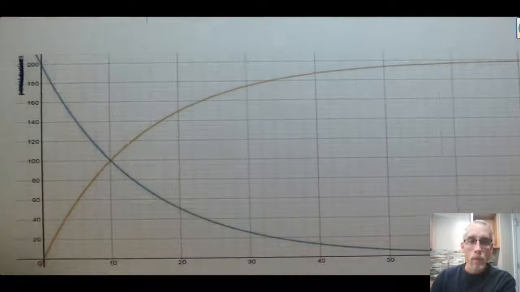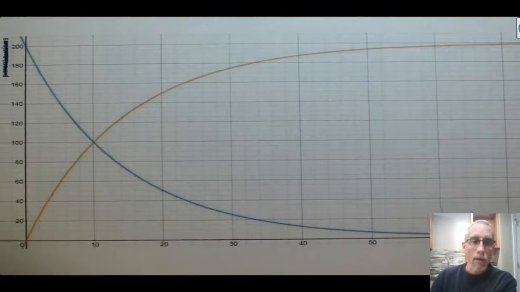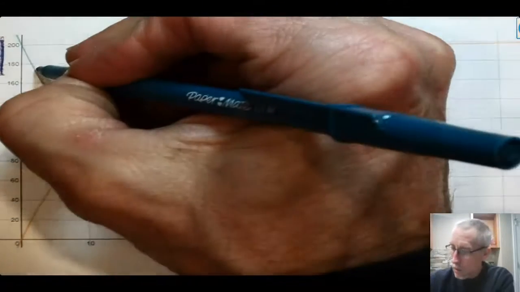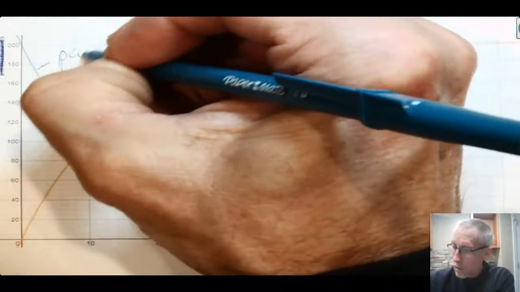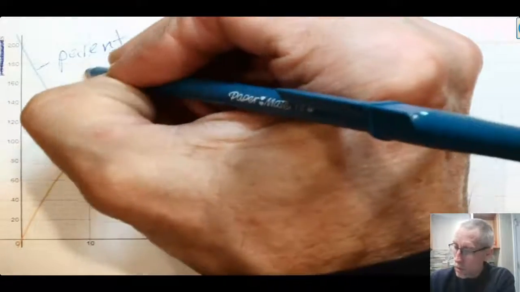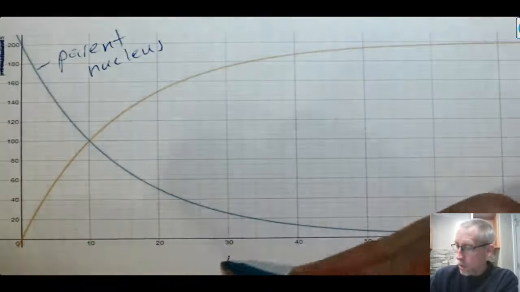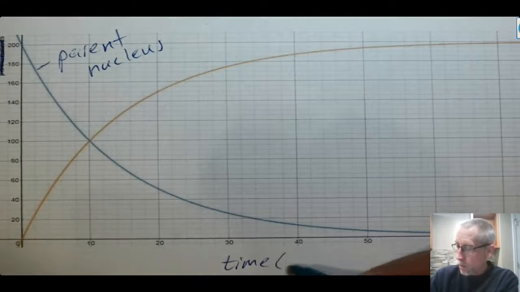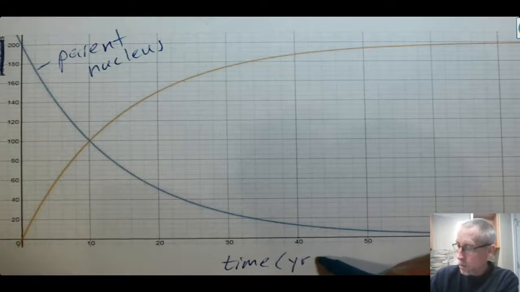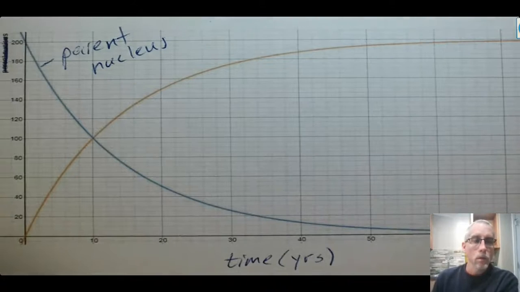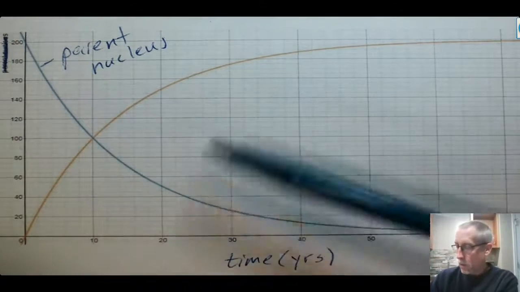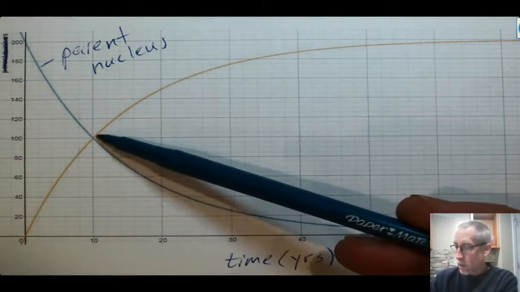Well, now let's take a look at this. It's actually the same graph. So this is still the parent nucleus. This is still going to be time in years. So you can still see we've got that 10-year half-life.